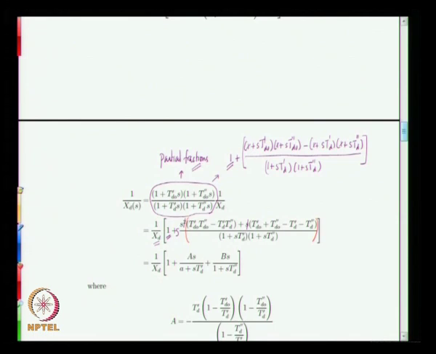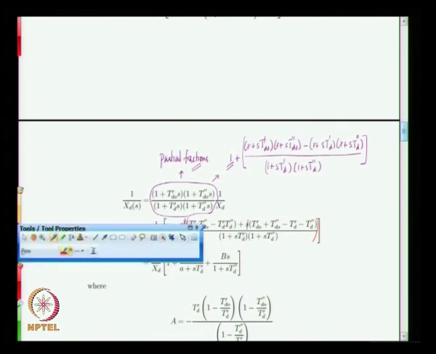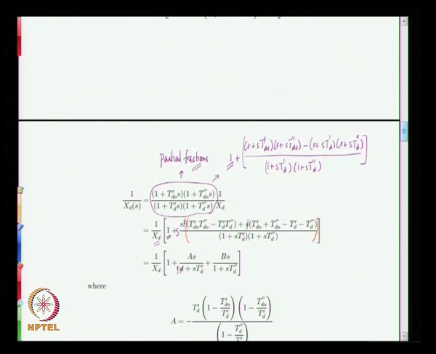So we apply the normal methods of simplifying it. So this is really 1 plus s T'd and T''d. So we now have to determine these constants A and B.